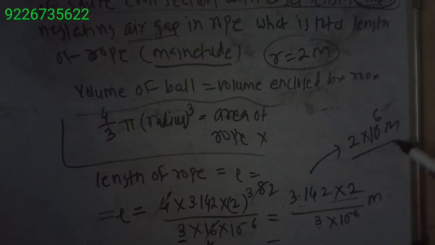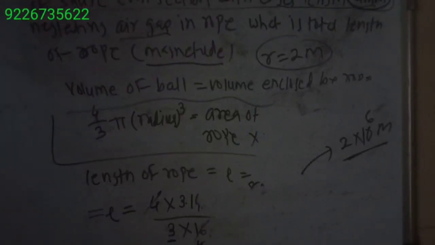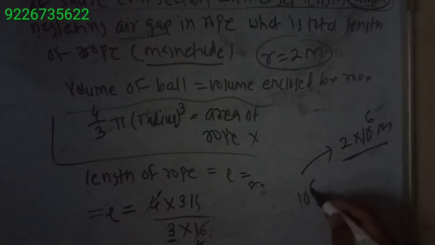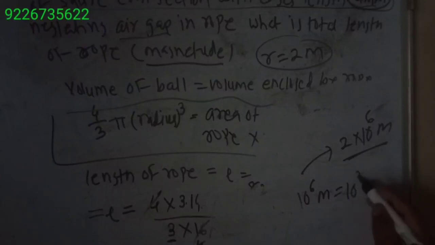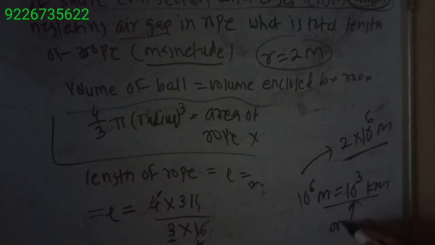This is our final answer. And we know that we have to convert meter into kilometer. So 10 raised to 6 meter is equal to 10 raised to 3 kilometer. So the total order of magnitude is 10 raised to 3 kilometer.